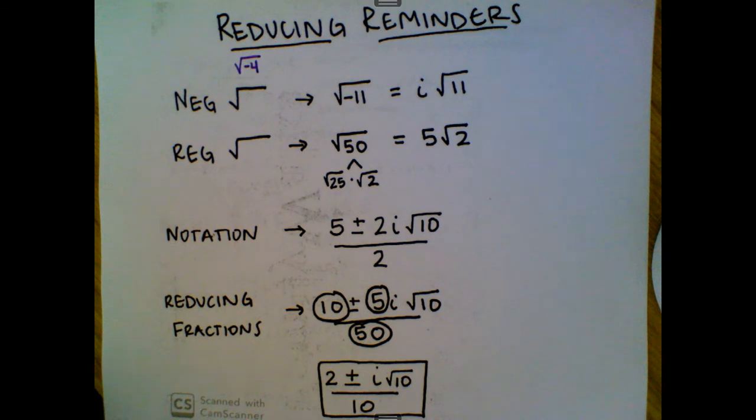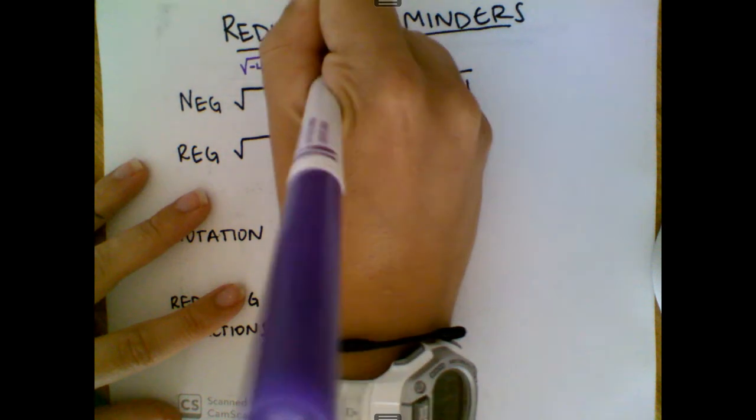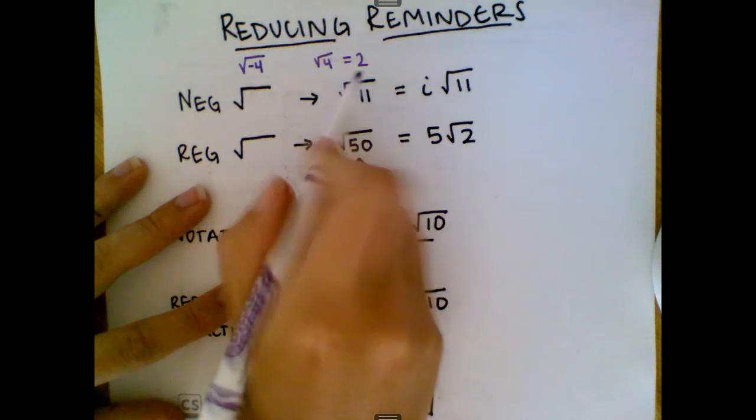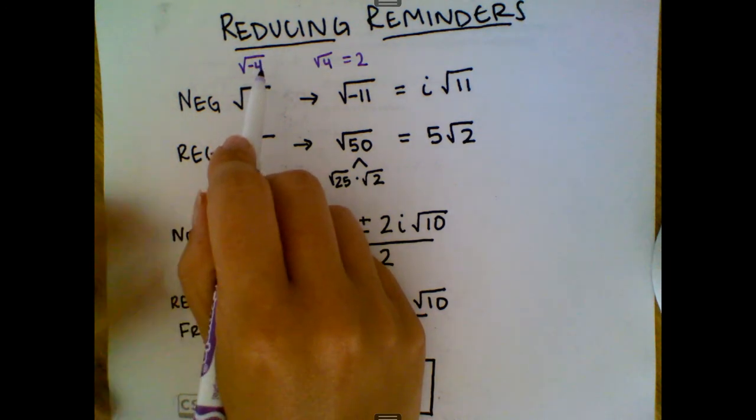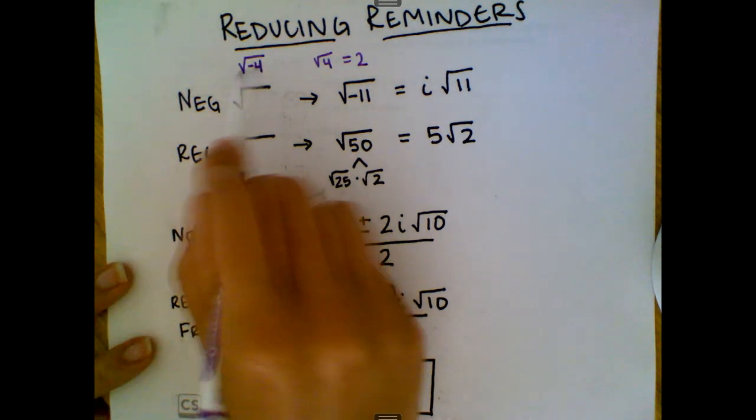But if it's a negative, that means one has to be a negative and one has to be a positive. So there are not 2 of the same numbers that will ever get you negative 4, because the regular square root of 4 is 2, because 2 times 2 gives you 4. But negative-wise, you can never get that negative. So negatives aren't allowed in the radical.